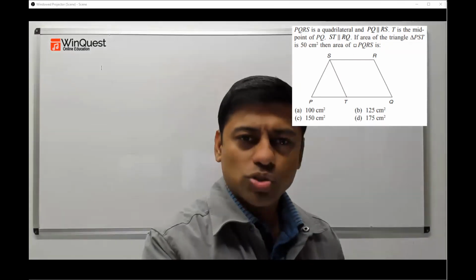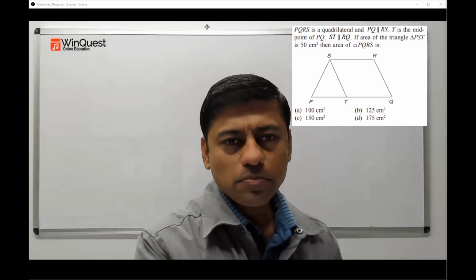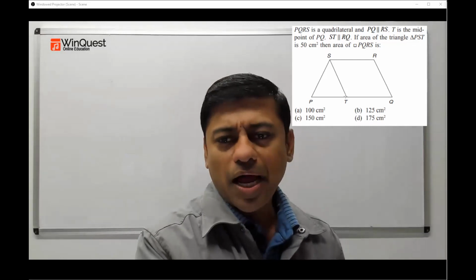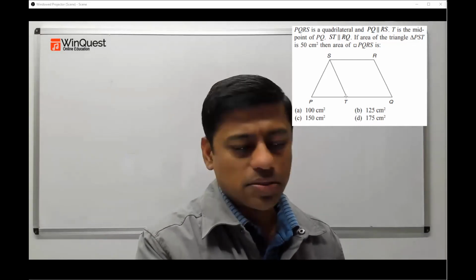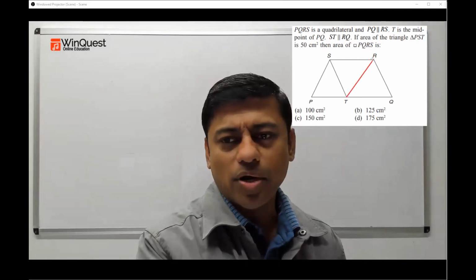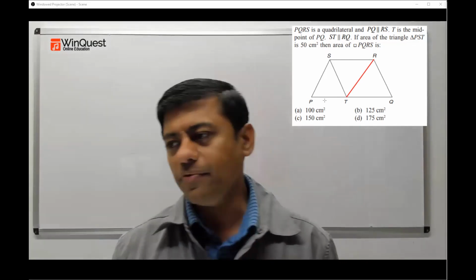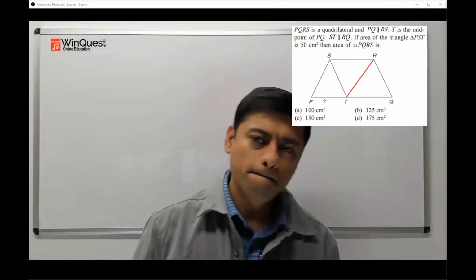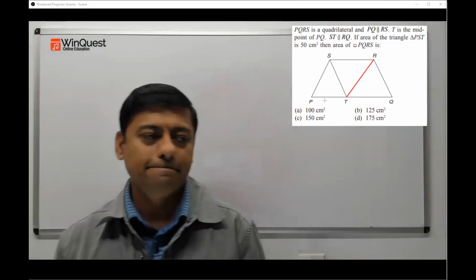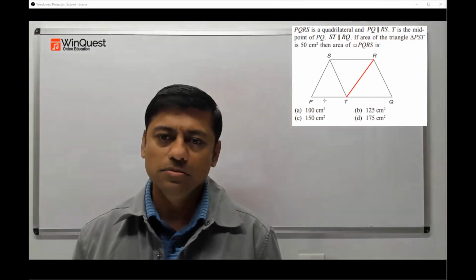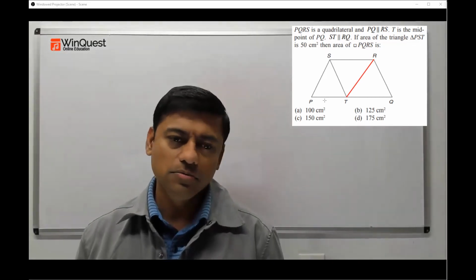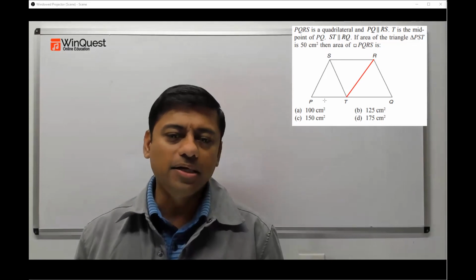Okay, so I will tell you one theory. I am going to add this straight line and make it join with R. Are we clear? We just added the T and R points.